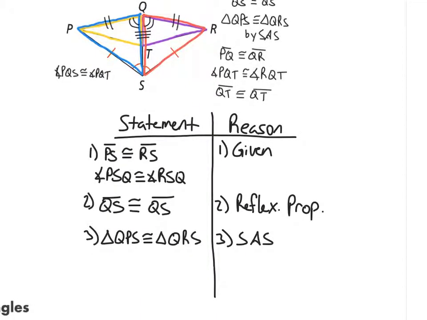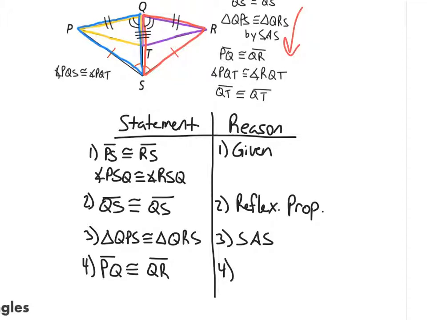So we now know that those triangles are congruent. The important information that we needed from that was what? Line segment PQ is congruent to line segment QR. And again, notice folks, we're just moving right through our plan. That's why we do the plan. It makes writing the proof real easy.